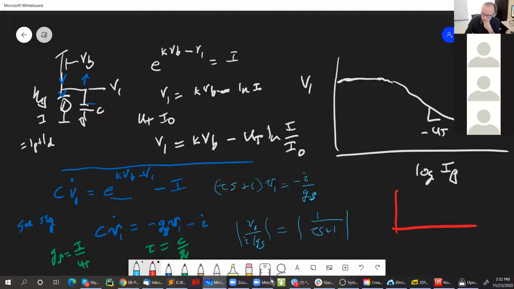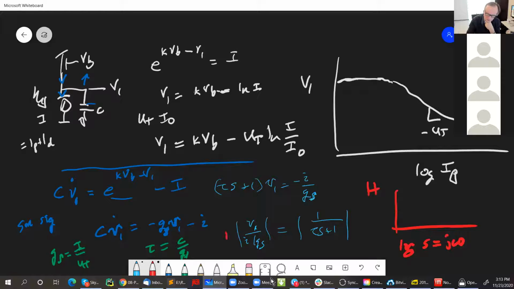So if we take S equals J omega, we take complex frequency, just a sinusoidal frequency here, on a log scale. And we plot the magnitude of H here.